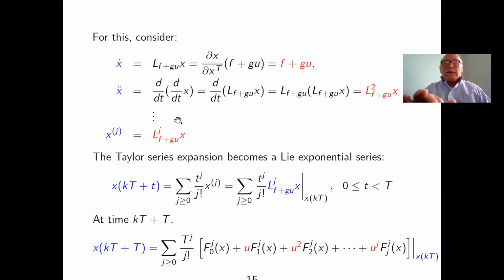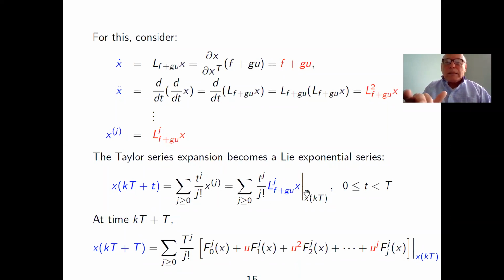When we do that, we obtain a Lie exponential series. But it's nothing more than a Taylor series in which the derivatives of x are being substituted by these directional derivatives of the vector function x.